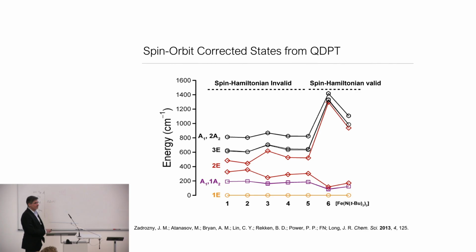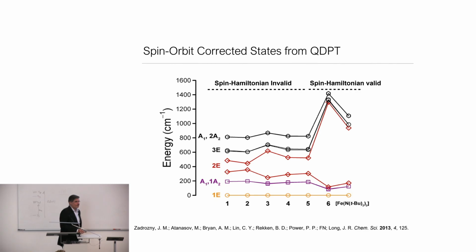These are 10 relativistic states, and they come from the two spatial components of the quintet E state, right? The first component has 5 magnetic sublevels, and the second component of the quintet E also has 5 magnetic sublevels. So you have a total of 10 magnetic sublevels that, after you turn on the spin-orbit coupling, look like that.